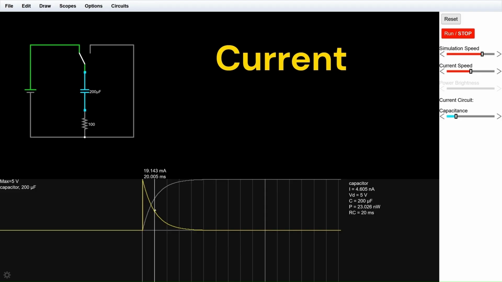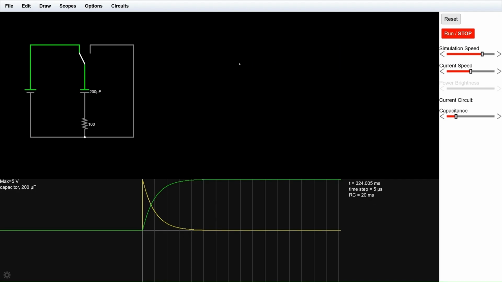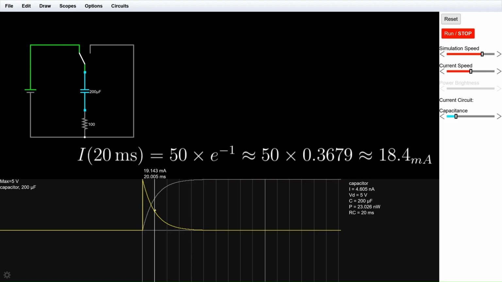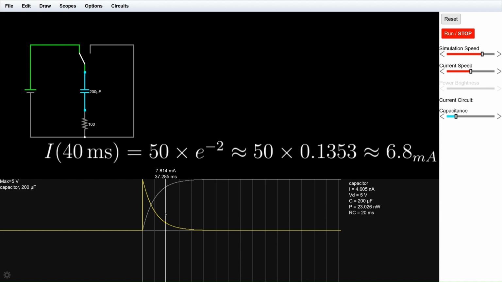Current is shown in yellow. The current changes according to the formula I of t equals I naught times e to the negative t over tau. Simplifying the formula gives us this result. Current over time. Time 20 milliseconds, current 18.4 milliamperes. Time 40 milliseconds, current 6.8 milliamperes.